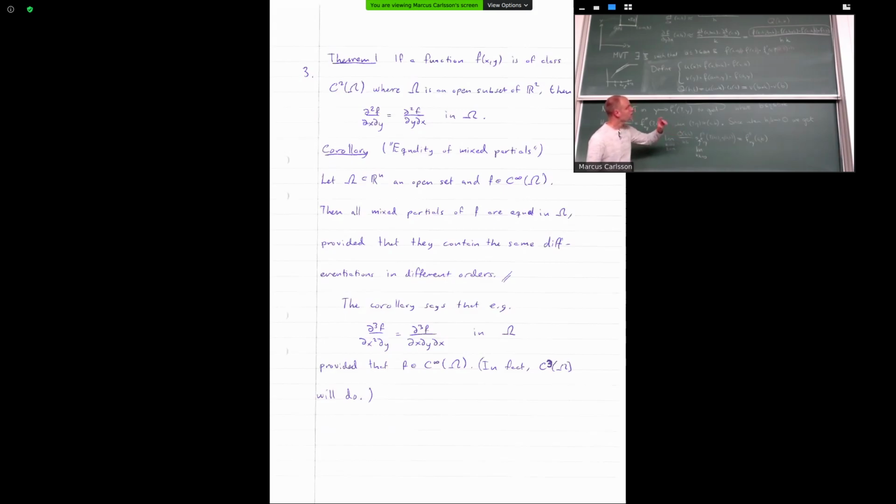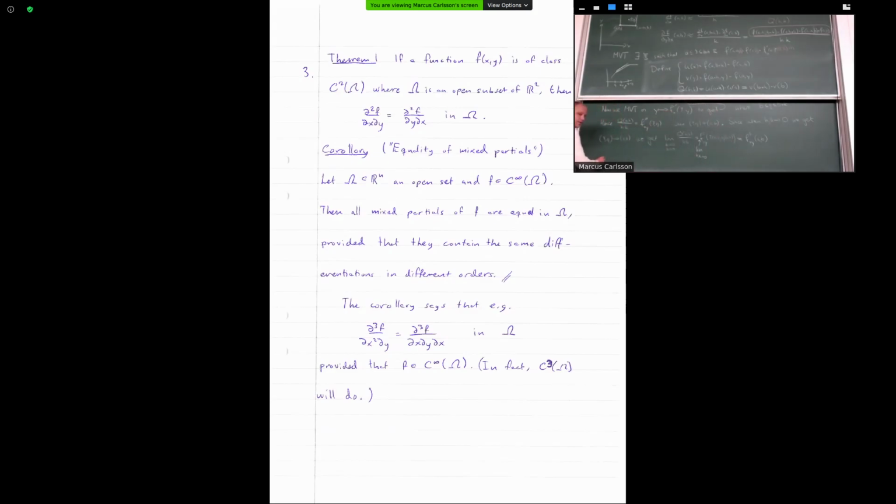So Q, it doesn't see X or Y any difference, right? So Q, if we were to restart this whole argument, then we would have the same Q. We could do this argument again with the function V instead, and at the end of the day, conclude exactly the same thing, but with the order of X and Y flipped here. And that's how we see that they are the same.